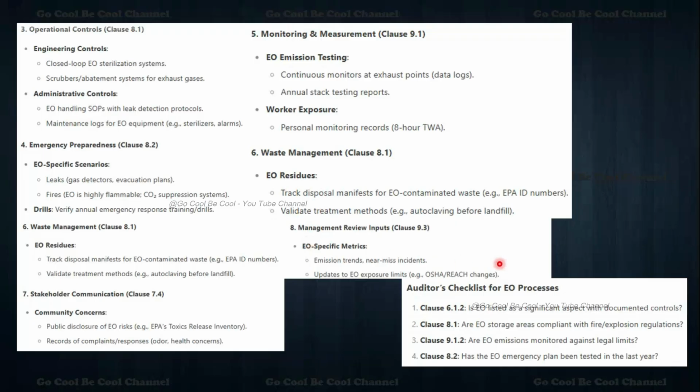Finally, auditor's checklist for EO processes, clause number 6.1.2. Okay, so EO listed as a significant aspect with documented controls. So 8.1, 9.1.2, 8.2. These are all the things we can write here. So simply you can figure this out also. For example, if they ask a 4-mark or 5-mark question, you can write only the topic titles, then you can write this one also, because moreover you are writing the clause number and the description, which will make the auditor, your trainer, understand more precisely, oh, this is a very nice question, you have answered very nicely, and you have given a lot of examples.